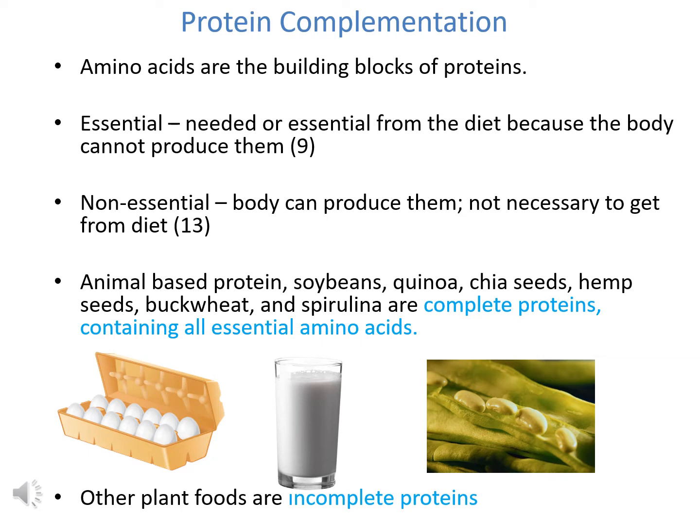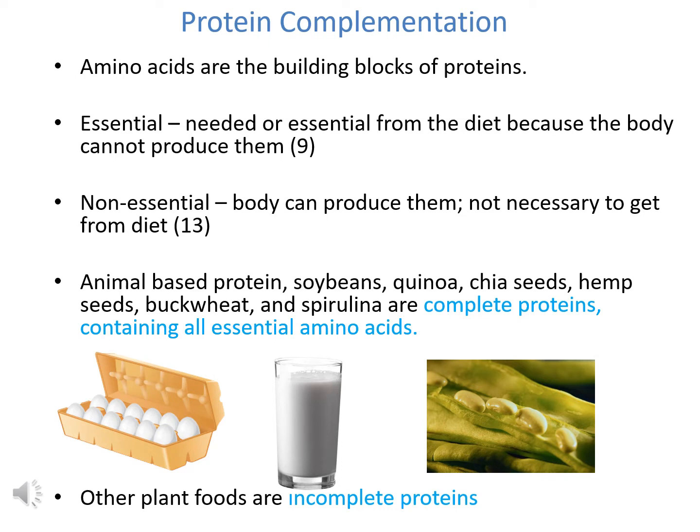Amino acids link together to form protein strands. Amino acids are either classified as being non-essential or essential. Now, the non-essential amino acids our body can make, so we don't have to get them from dietary sources. Essential amino acids, on the other hand, our body can't make or can't make in sufficient amounts, so we have to rely on dietary sources.